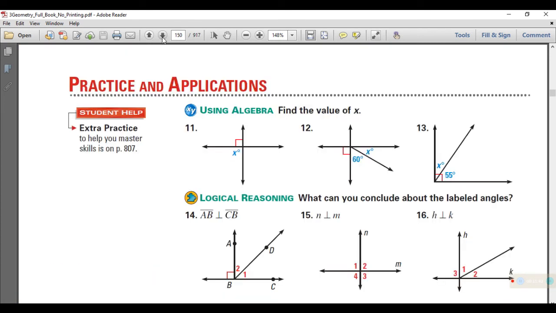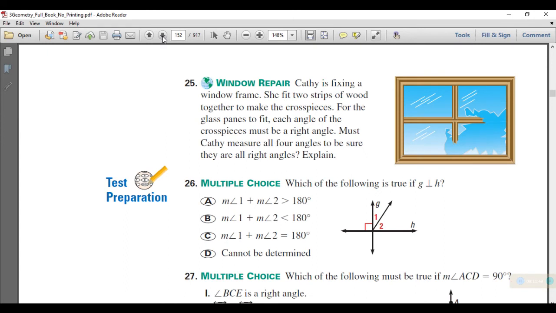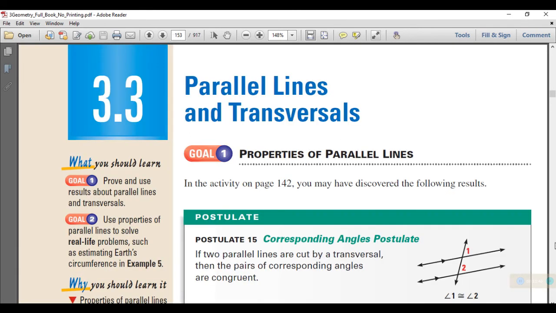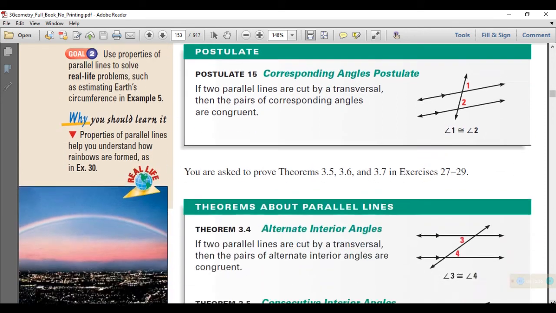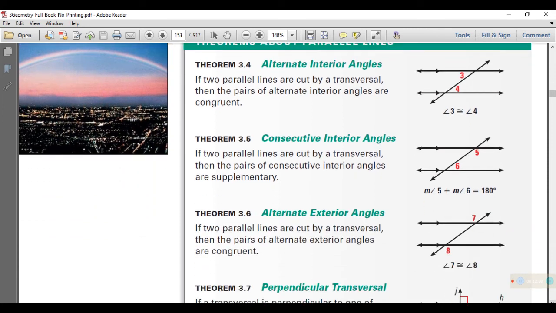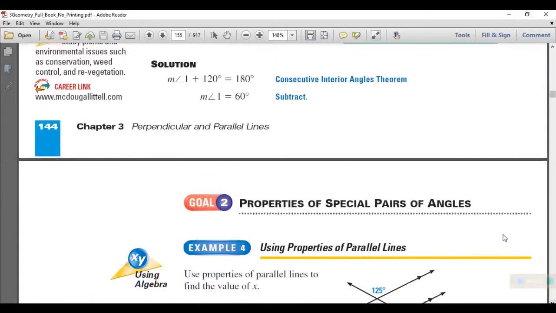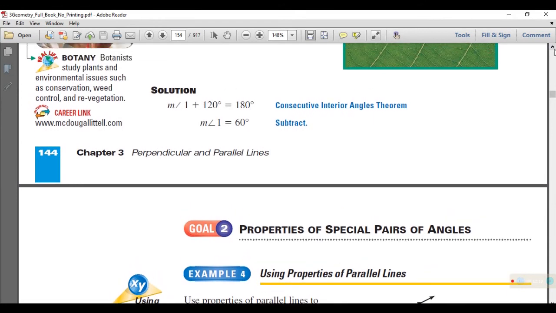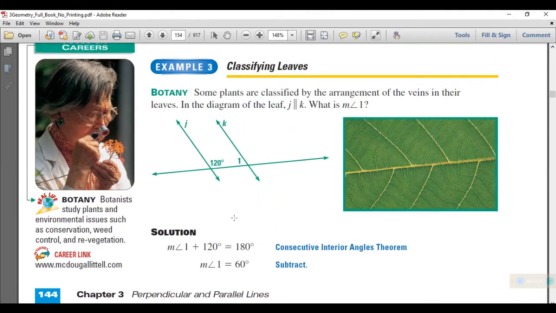Consecutive interior angles, ang sum nila is 180 degrees, or supplementary. So, if the given angle is 120, then its consecutive interior angle is 60 degrees. 120 plus 60 is 180. Okay?